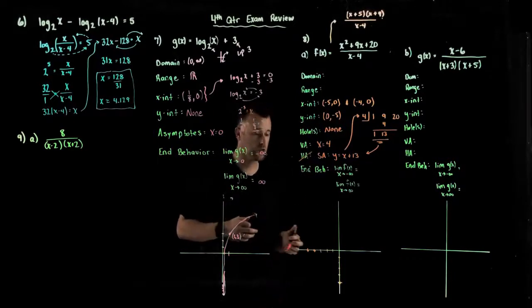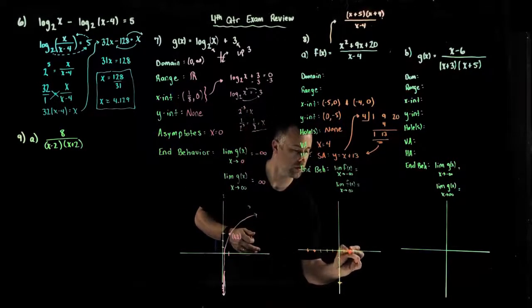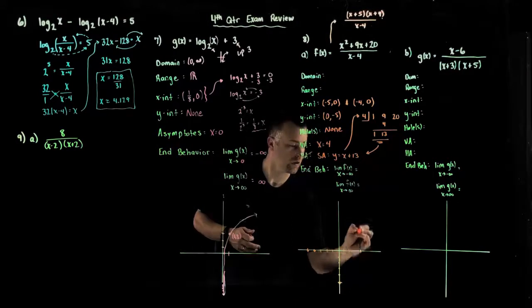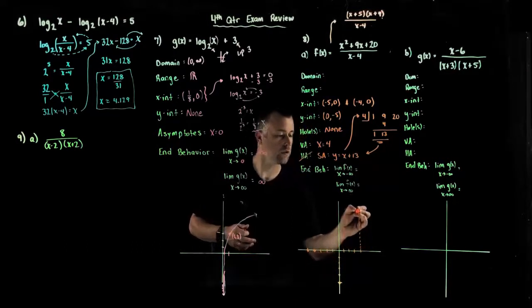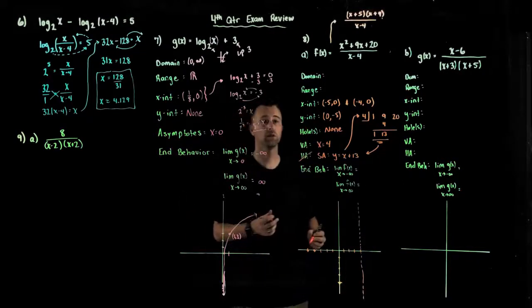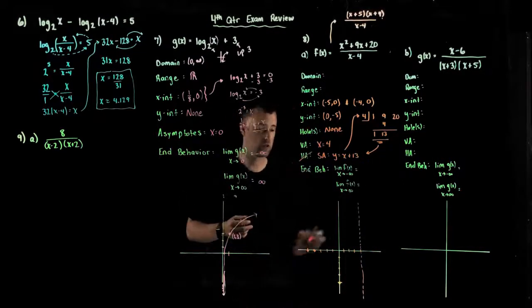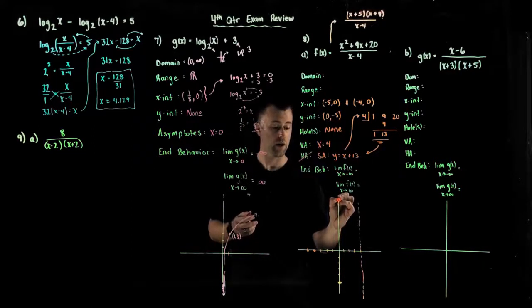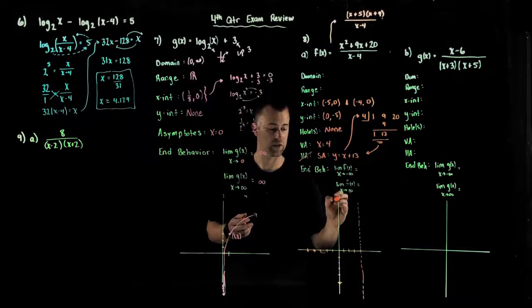My vertical asymptote's at 4, so I'm going to go over to 4. So there is my vertical asymptote. And your slant asymptote is y equals x plus 13, so it's going to be way up here. But I can tell, if I put a point up there, it's not going to be to scale.